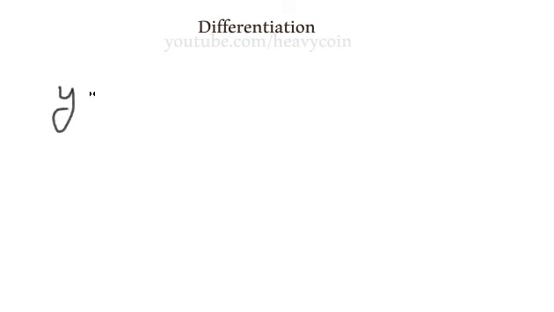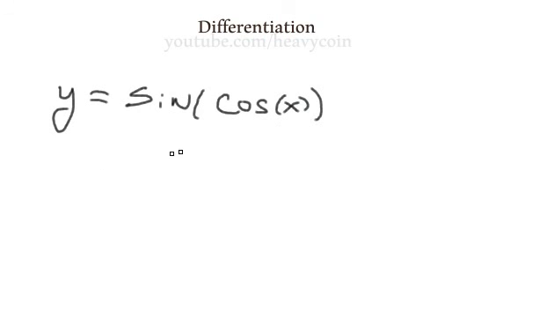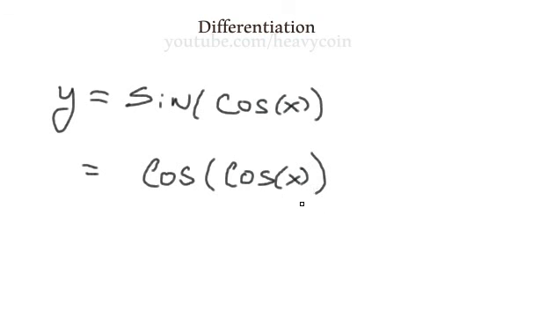Alright, let's work another one. We have y is equal to sine of cosine x. So in this particular one here, we're going to take the derivative of sine x, which is cosine, and then we're going to take the derivative of cosine x and bring it out, and that's going to end up being negative sine x.